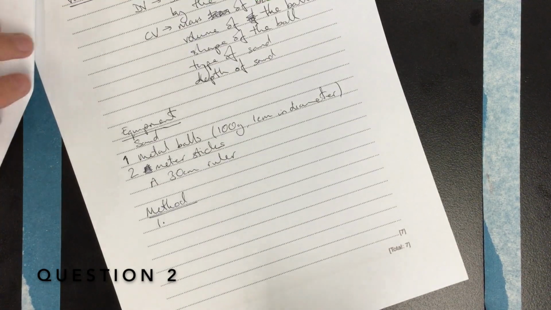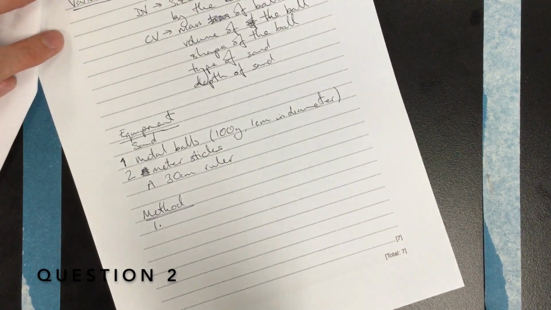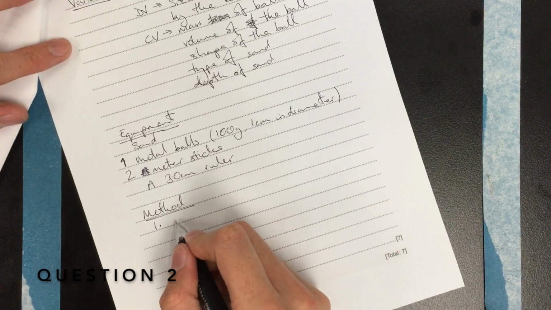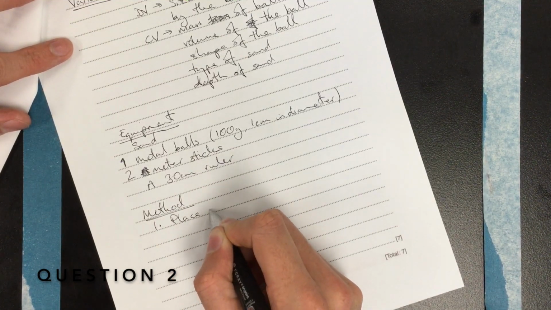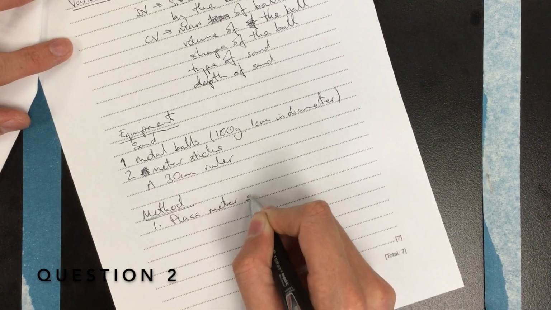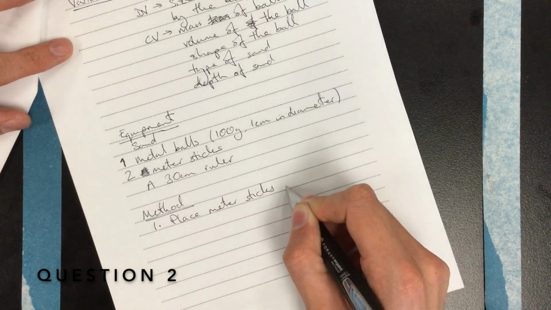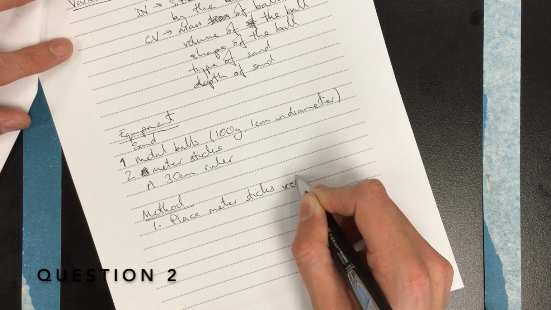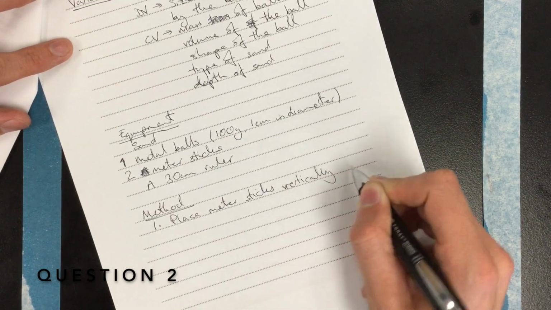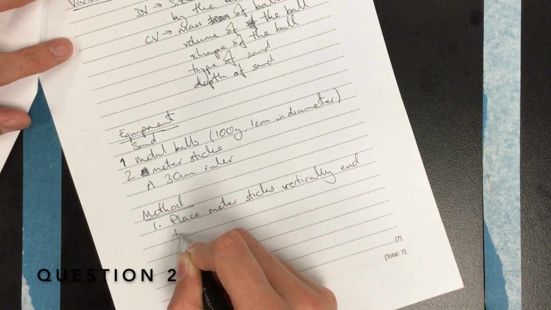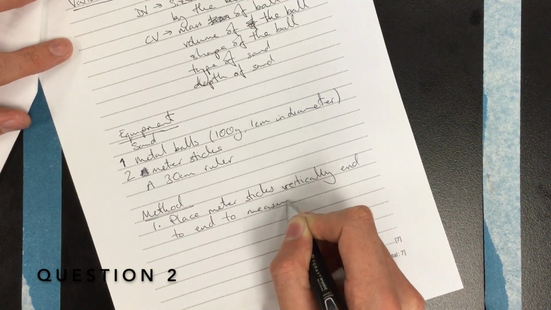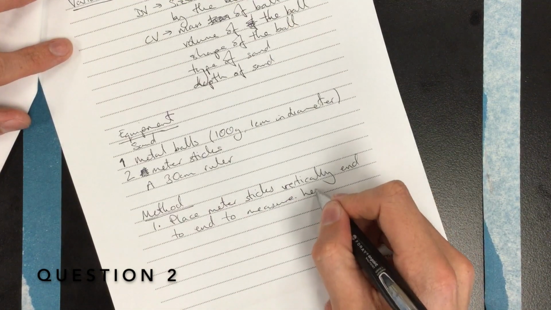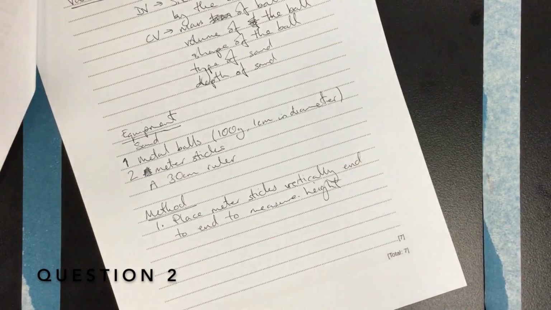You can assume they've already got the equipment, but you want to make sure they're using the equipment properly. So I'm going to say place meter rulers, meter sticks, vertically end to end to measure height. So that's my first bit.